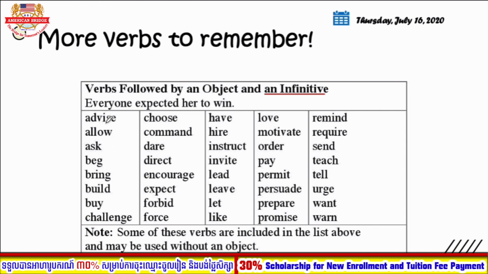As you can see, the verbs advise, allow, ask, beg, bring, build, buy, challenge, and so on and so forth here. These are the verbs that you use with this structure, followed by the object and object complement, which is the to-infinitive. So you will do this type of exercise a lot in your workbook as well as in your classwork and in your homework.